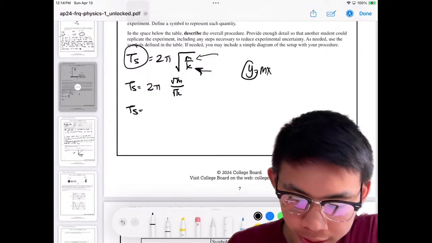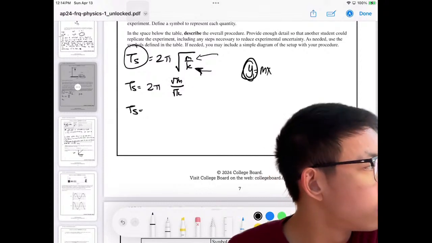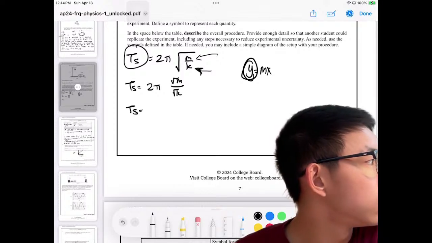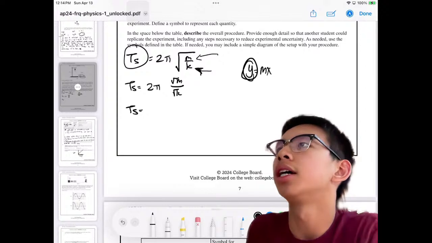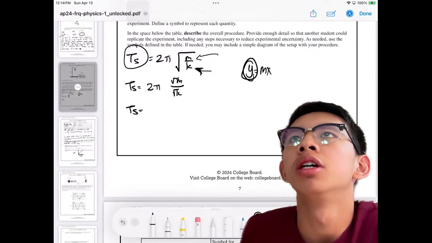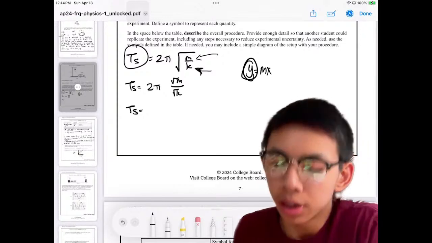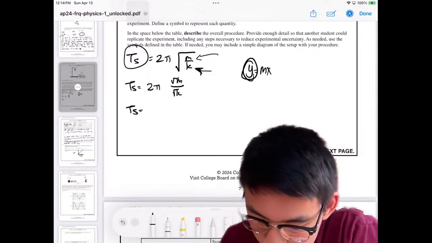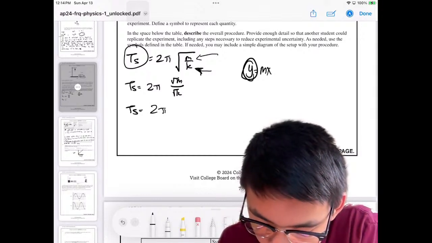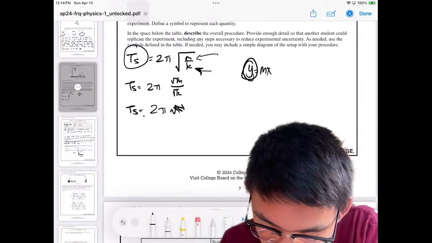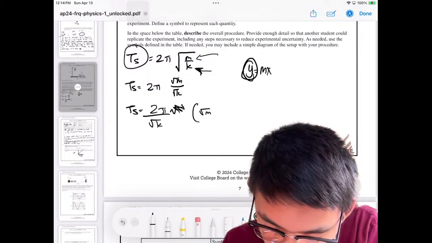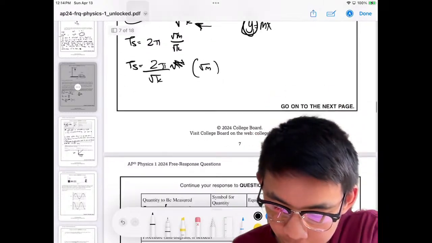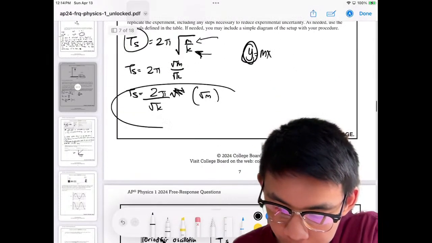And y is going to be my time for my oscillation. When I think of independent variable, I think of y, but no, y is actually my dependent variable. So TS equals 2 pi over root k times root m. This is going to be the equation to be used.